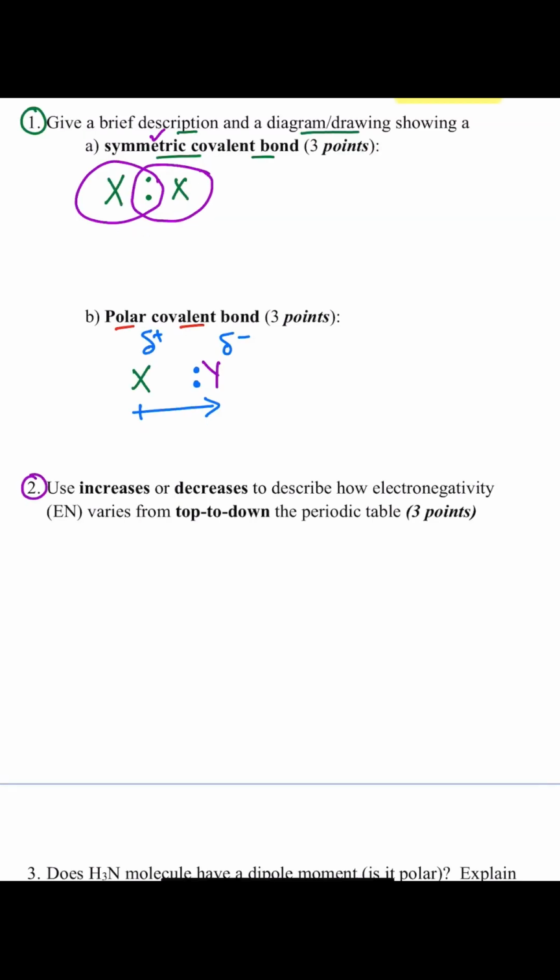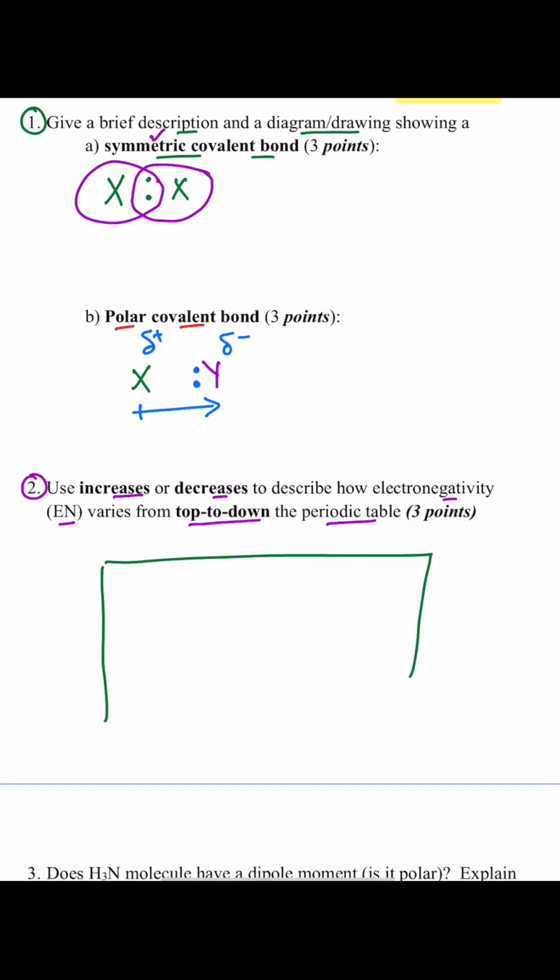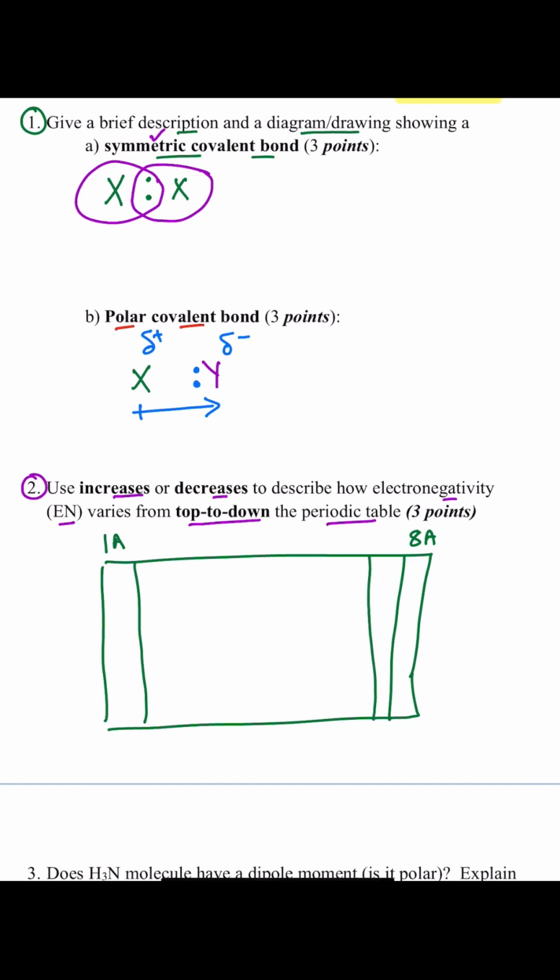Question 2. It says, use increases or decreases to describe electronegativity as it varies from top to down on the periodic table. So if you look at the periodic table, it looks like this. And then here you have group 1A, and then here farthest to the right you have group 8A, and those are the inert gases. And then just before group 8A you have group 7A.